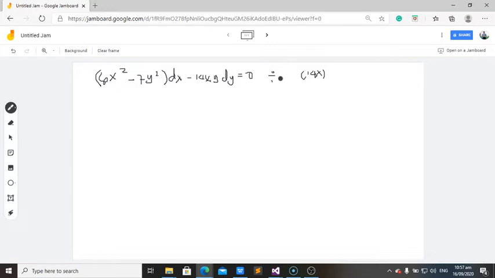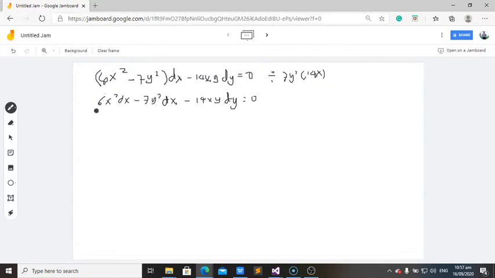So, let's transform this one, dx. So, 6x squared dx. This is not multiplied, they are subtracted. So, minus 7y squared dx, right? Minus 14xy dy equals 0. So, if we want to divide this one with 7y squared of dx, what will happen?